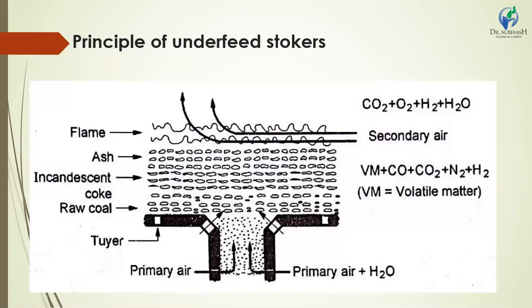The volatile matter is at higher temperature before entering the furnace. It burns quickly when mixed with secondary air. In overfeed burning, volatile matter will be slightly cooler than furnace gases, hence it needs more time to ignite and burn. So this was the principle of underfeed stokers.